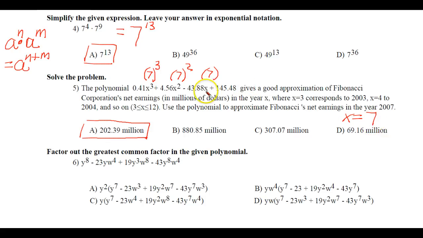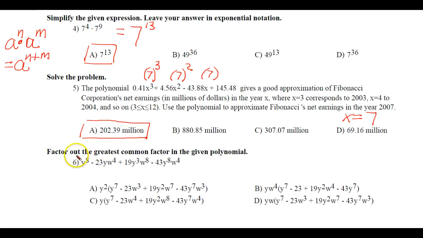Following the examples they give, we get X is 7, and then we carefully substitute, and again, you're going to use your calculator.